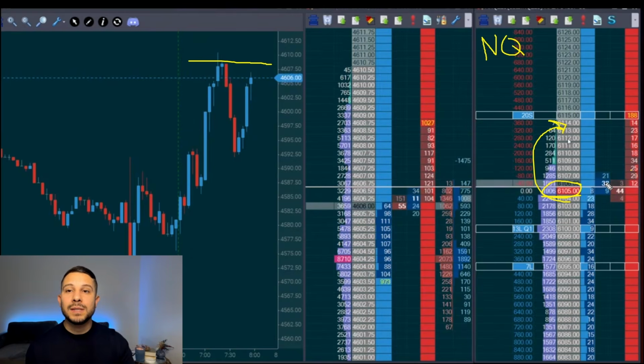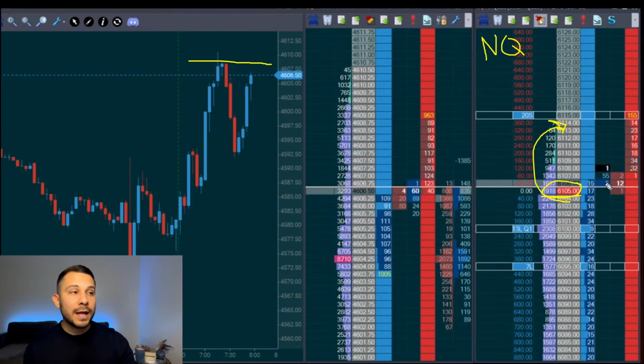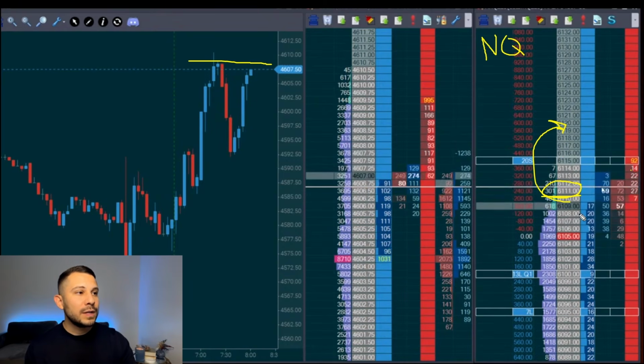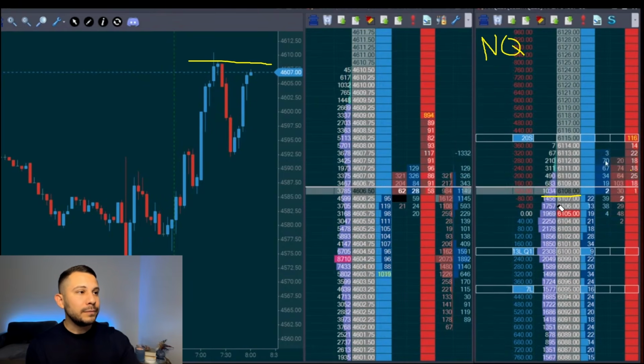What that means is that there's a huge possibility that all the buyers that got stuck at the highs as price comes back up in this area are going to be stuck having to cover their longs and potentially hit their stop losses as price rotates back down. Because as you get aggressive buying at the highs, they have to capitulate at some point, right? So as you can see, price is getting filled higher and higher there.